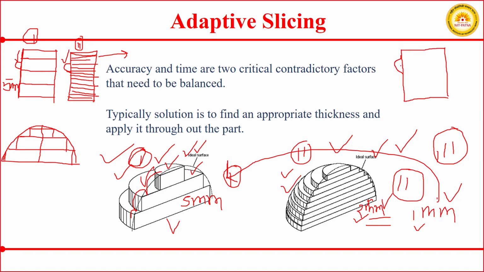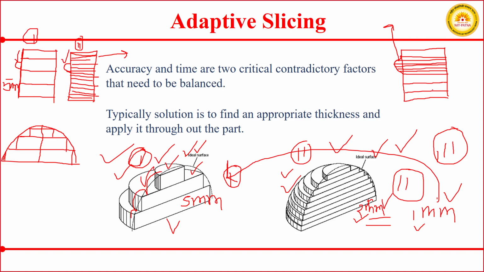Up to this point we can go with a larger layer thickness, suppose 5, but in this region, since there is a surface feature, you can go with a smaller layer thickness, suppose 1 or 2. So this is what is called adaptive slicing.